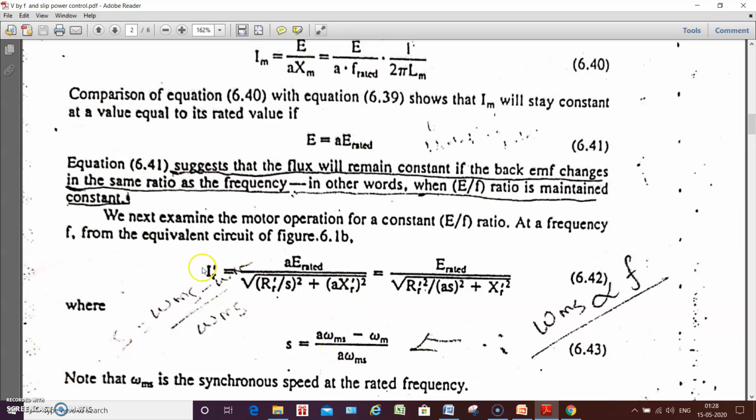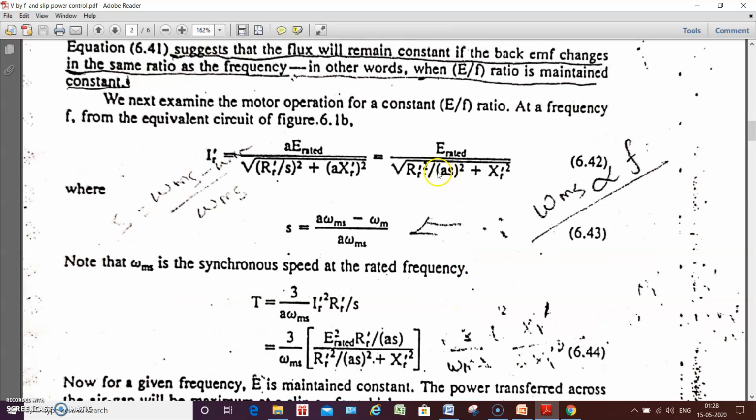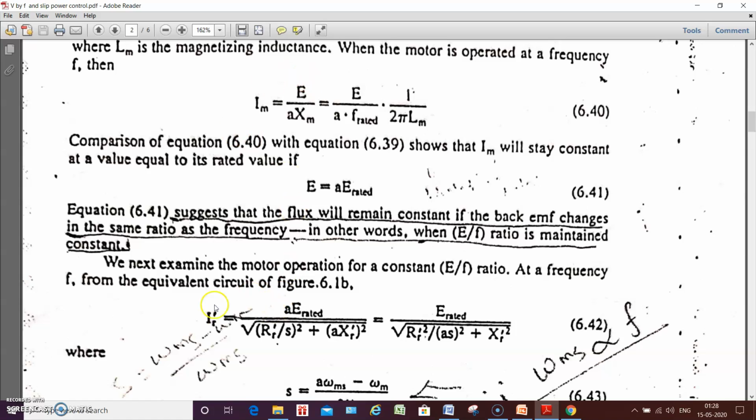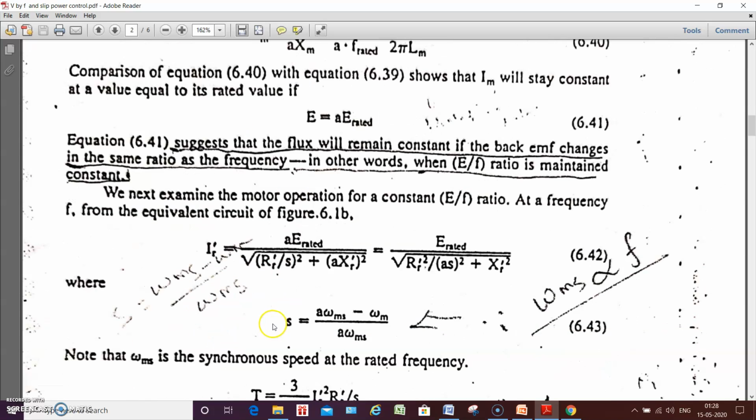So that the rotor current equation is E by Z, which we just analyzed in the previous class. What we have understood is that this rotor current is also going to be a constant parameter in this V by F control method, since by keeping this Im constant, this rotor current will also be kept constant.